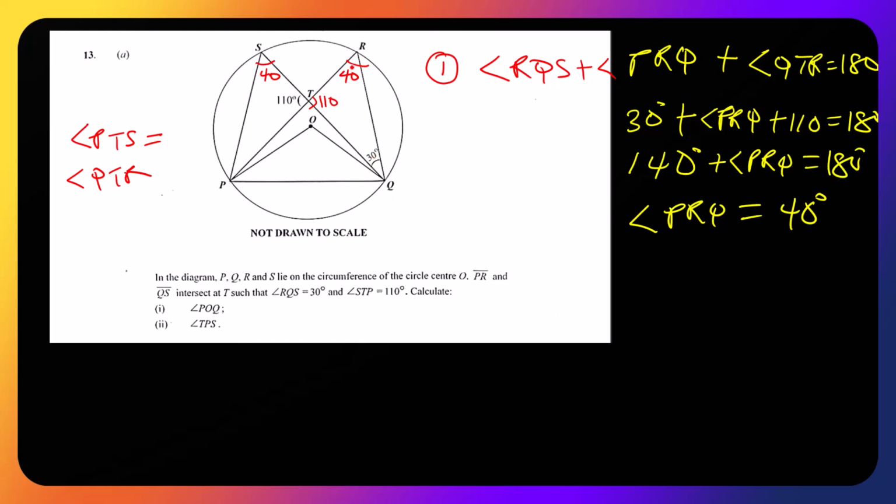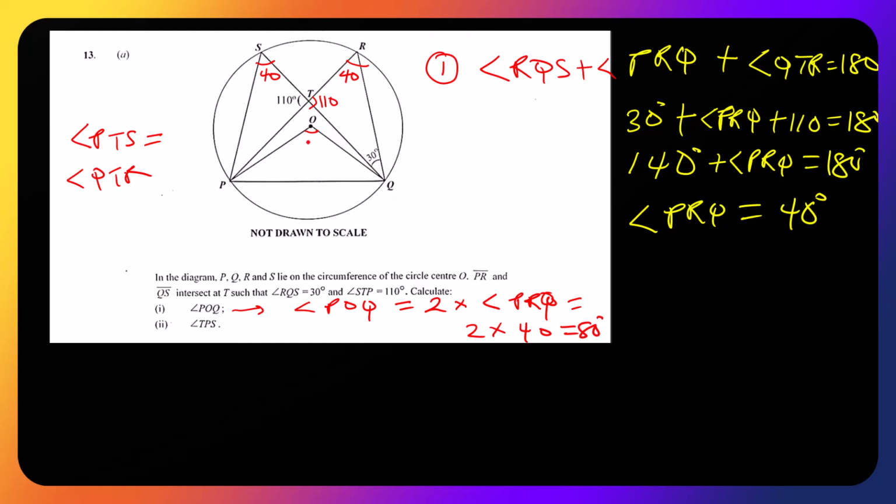Remember, the angle at the center is twice the angle at the circumference. So to find angle POQ, it is twice angle PRQ, which is 2 times 40, that is 80.